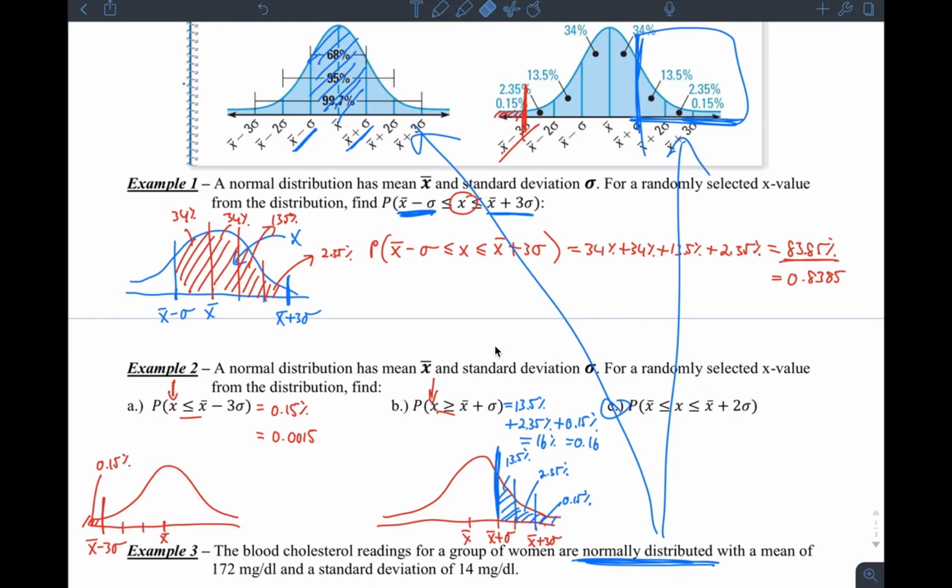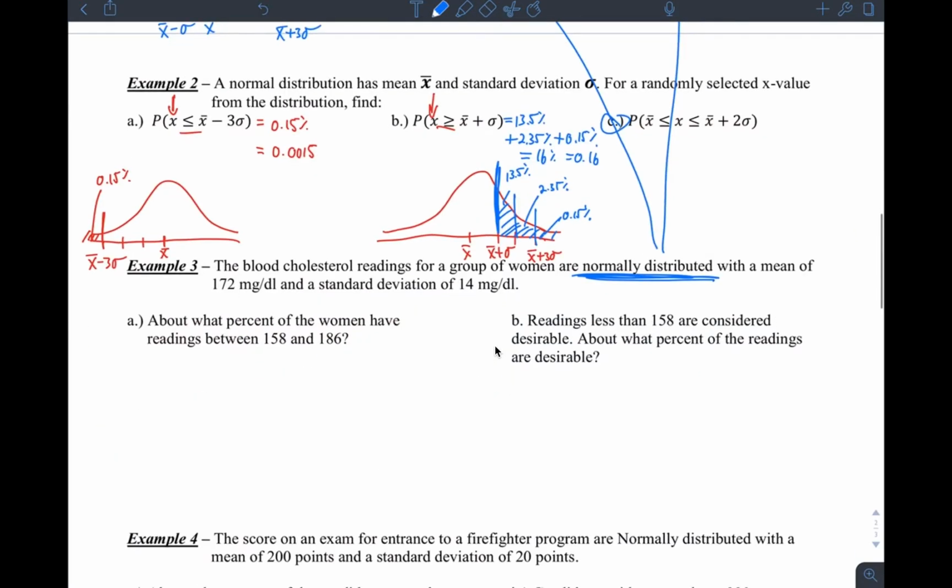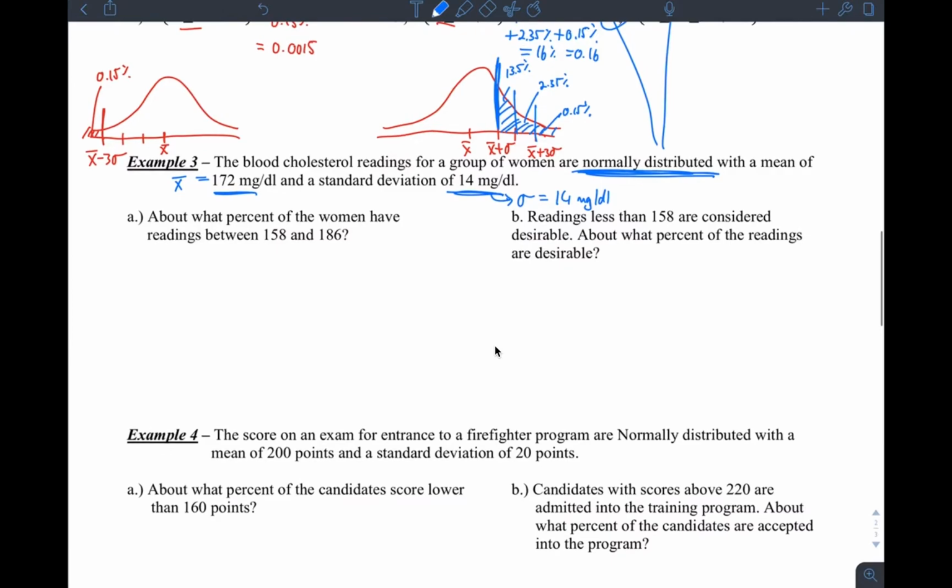And then with a mean of 172 and a standard deviation of 14 milligrams per deciliter. So they're telling you x bar is 172, and they're telling you sigma is 14. And so then the question is about what percent of women have readings between these 2 numbers.